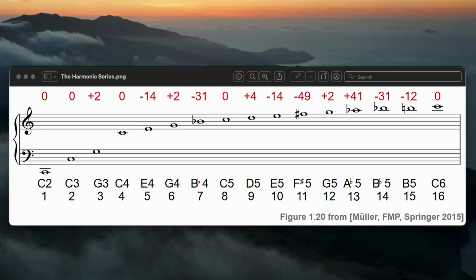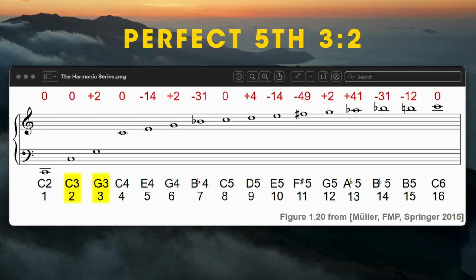Take a look at the first 2 harmonics, the fundamental and the octave. The octave here is an exact doubling of the fundamental and has a ratio of 2 to 1. The second harmonic, the C, to the third harmonic, the G, is the perfect fifth and has a ratio of 3 to 2.